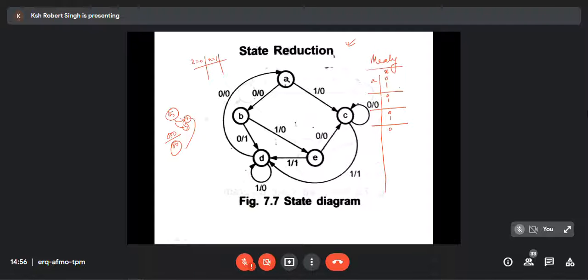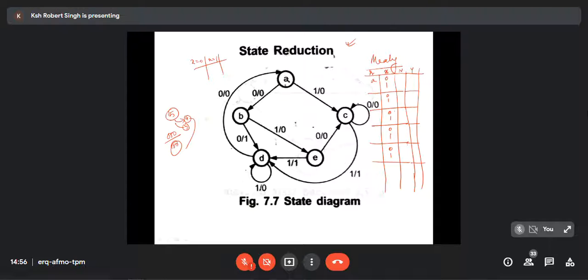The way I'm doing, X is equal to 0, 1, 0, 1 here, it will be easy for you. That is why I'm doing A, B, C, D, and E. I'm going to have the next state. This is my present, this is my next. And output also depends on X and the state. So this is my output Y, for example. It also depends on the input because this is a Mealy circuit.